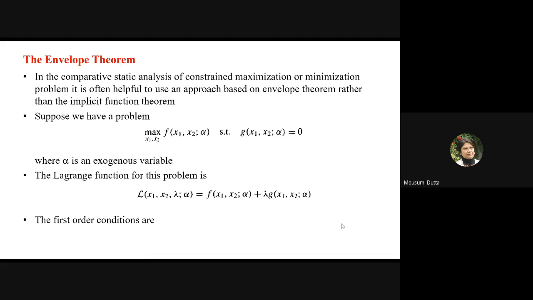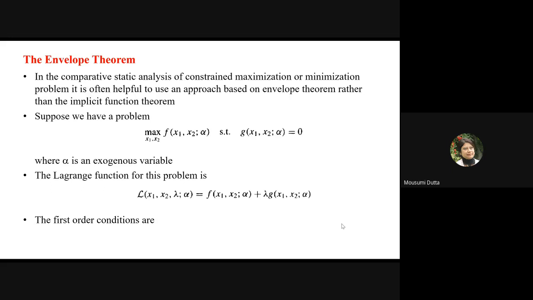So suppose we have the problem: max of the objective function f of x1, x2, alpha, subject to the constraint g of x1, x2, alpha, equal to 0. Please write down this expression. To begin with, suppose we have the objective function, max over x1, x2, semicolon alpha, where alpha is the parameter.